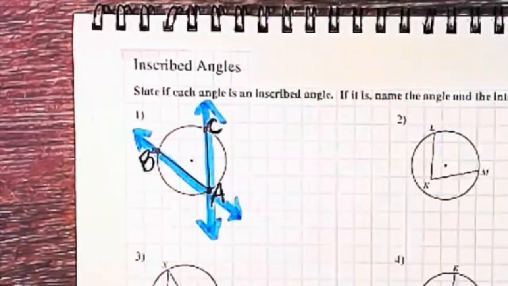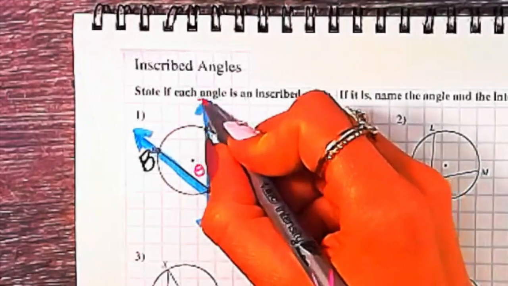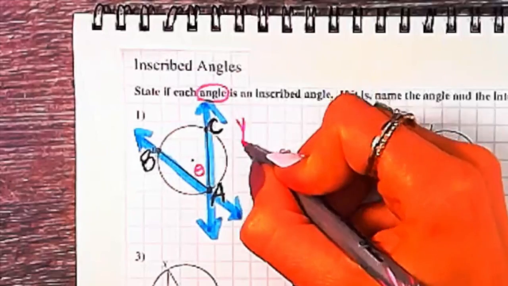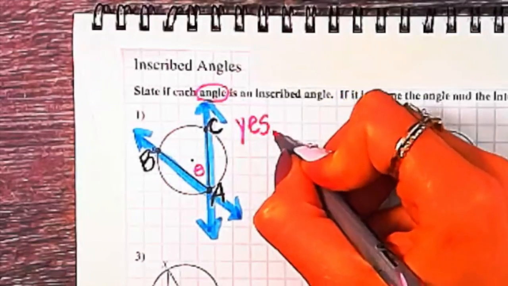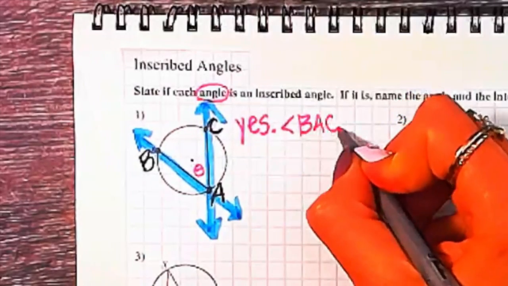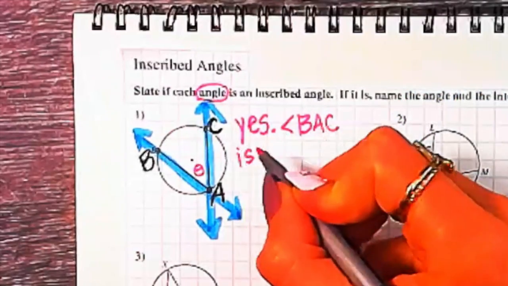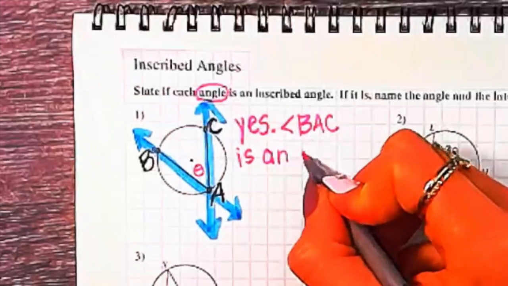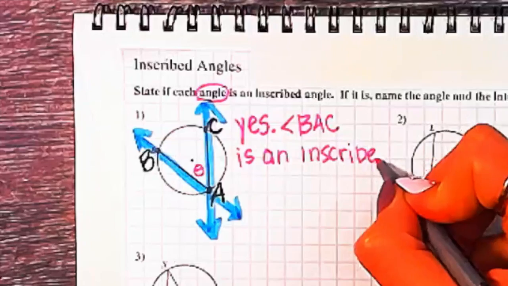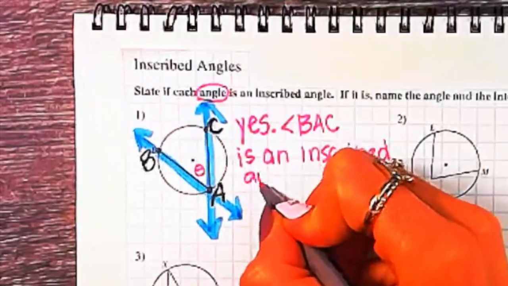Does this angle right there qualify as an inscribed angle? Yes. So I'm going to write this as a full sentence. Angle BAC is an inscribed angle.